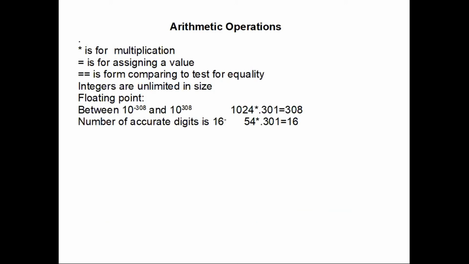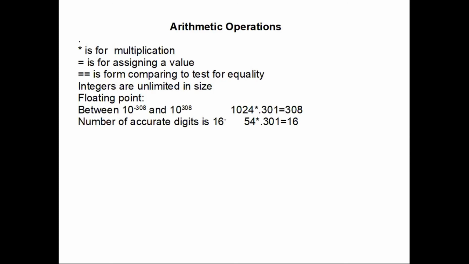Integers are of unlimited size in Python. I've gone to 2,000 characters, but I haven't been able to find out where the limit is. For floating point, the values of our numbers can lie between 10 to the minus 308 and 10 to the 308.